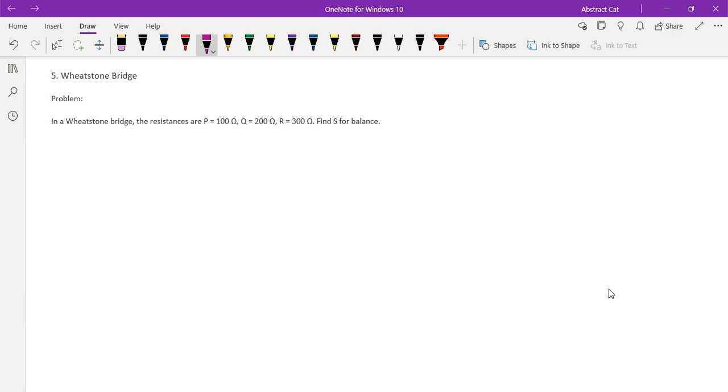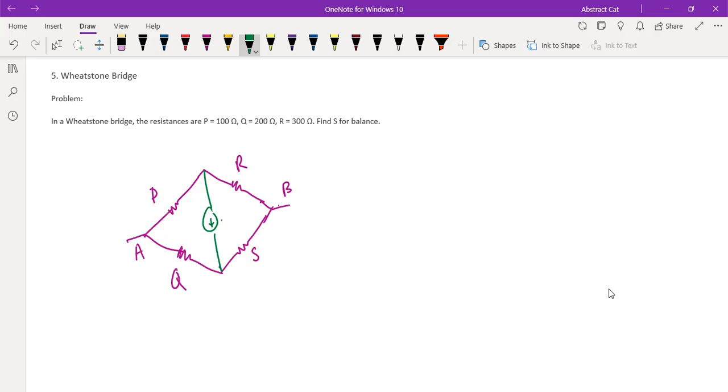So we know that if I ignore the drawing, some point A on the resistor, point B, that is P by Q, let's say that is R by S. And we know that the galvanometer current is 0, means open.